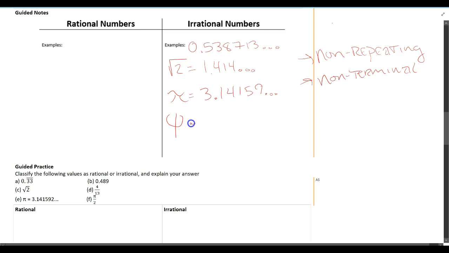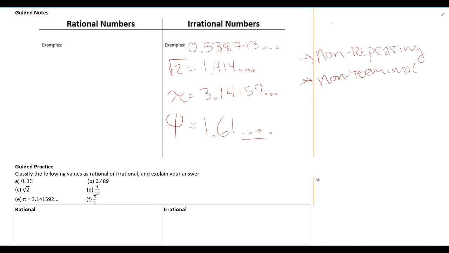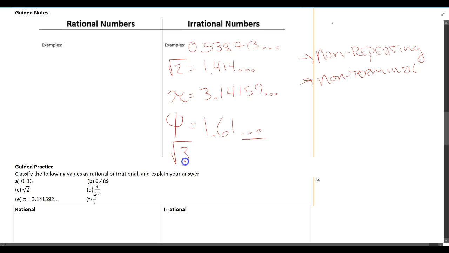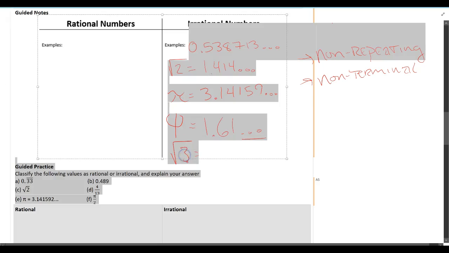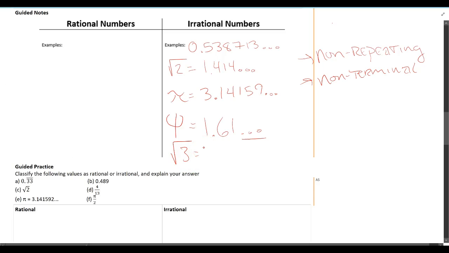Phi. Phi is 1.61, and so on and so forth, also known as the golden ratio. Other examples: square root of 3. That does not end nicely. These are all examples of irrational numbers.